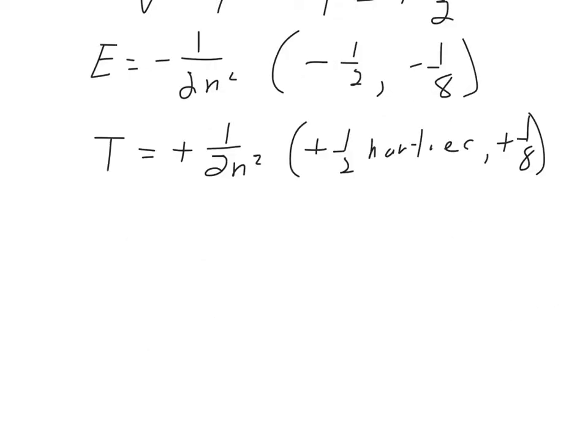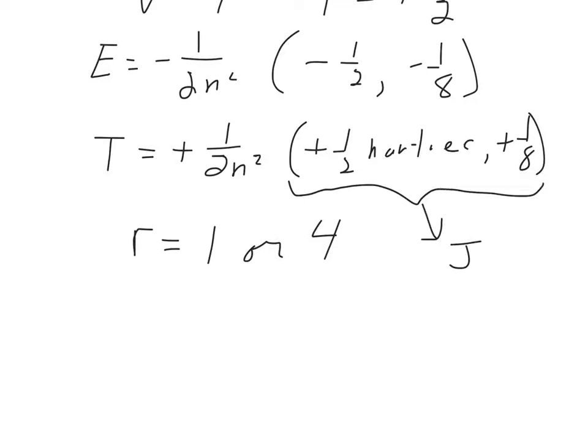And the radii of these two atoms, R in atomic units, is n squared when Z is 1. So R is 1 or 4. And so basically I can use the conversion I gave you to convert these from Hartree to joules.